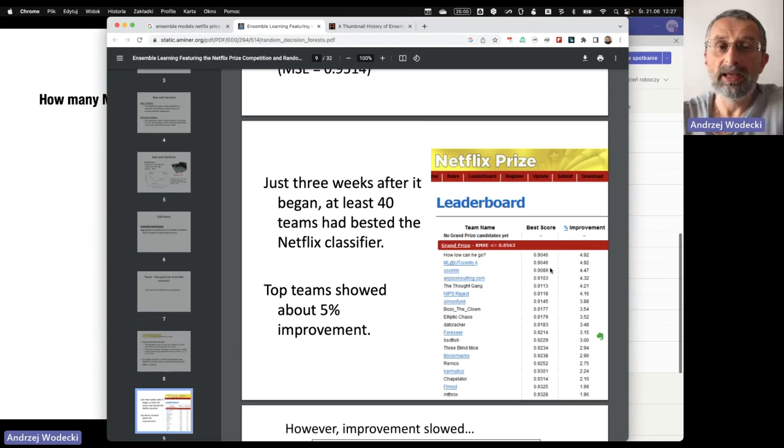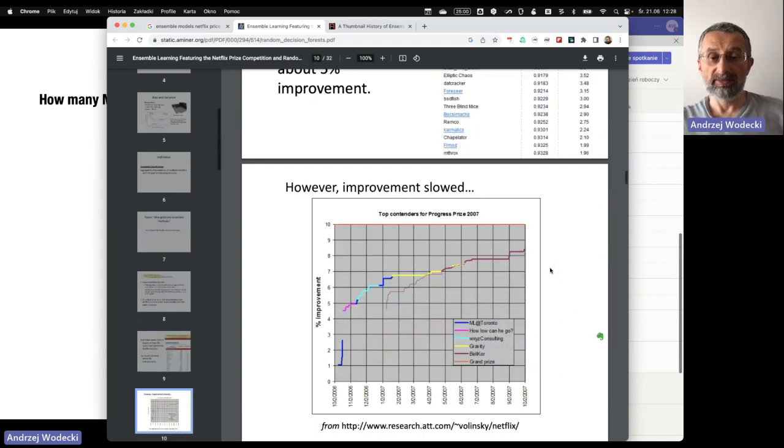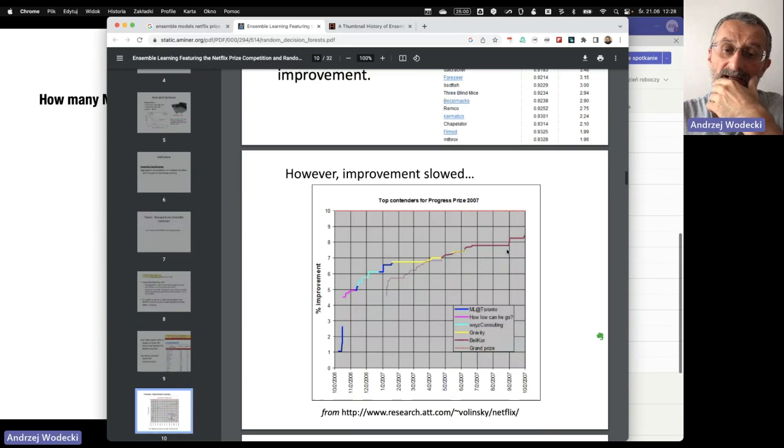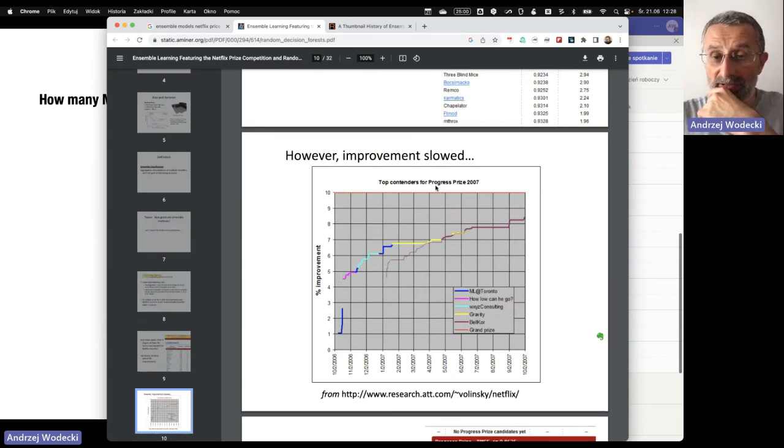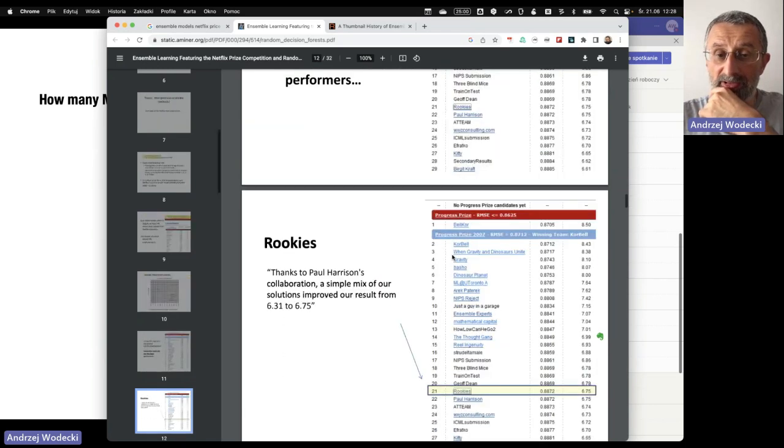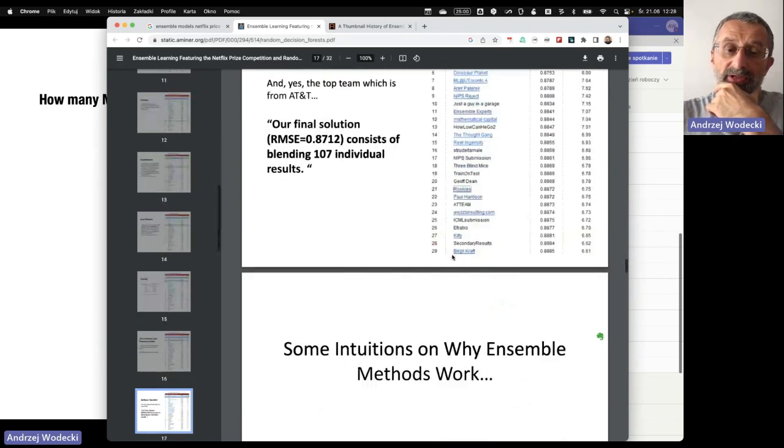So what they did, they started forming alliances with some other teams and putting their models together. And on average, the average of the guesses of the models within the team gave better results than the best model within a team. So that started, as you can see, the history of ensemble modeling. Top contenders for the Progress Prize 2007, 8.43% improvement. So you can see this later on in more detail in this presentation.